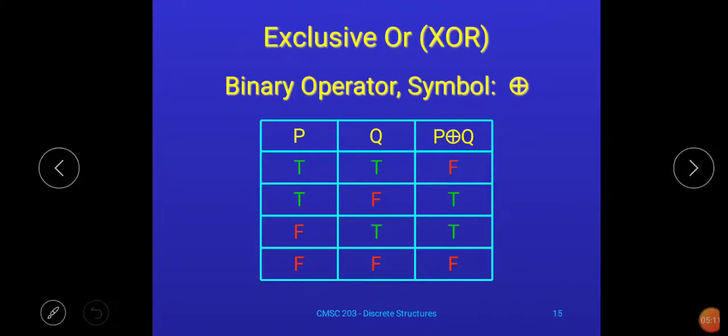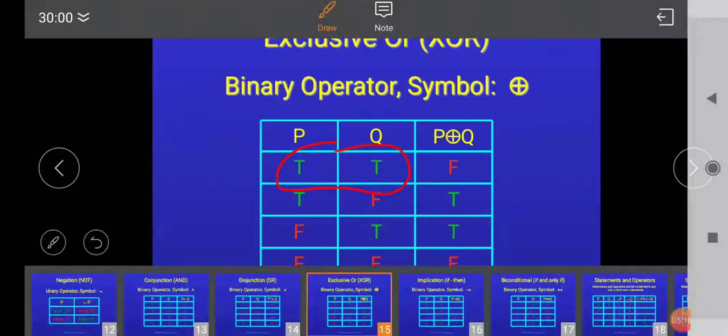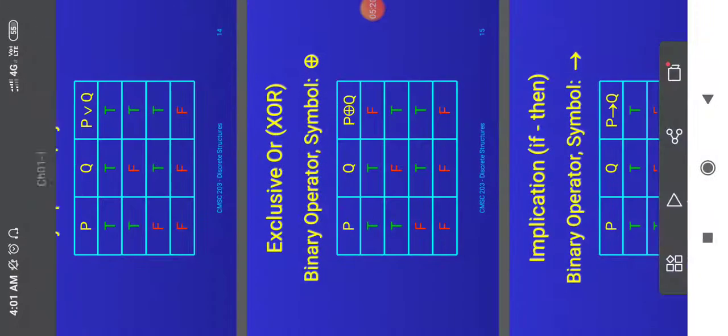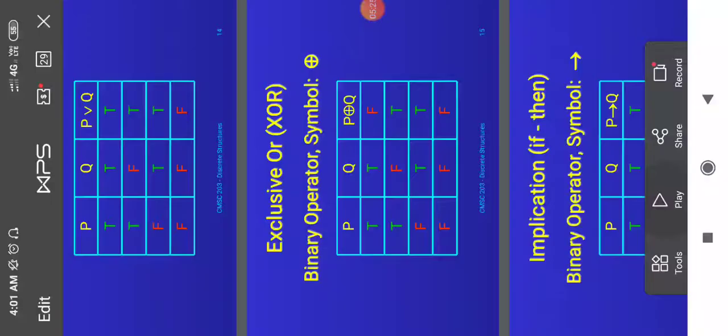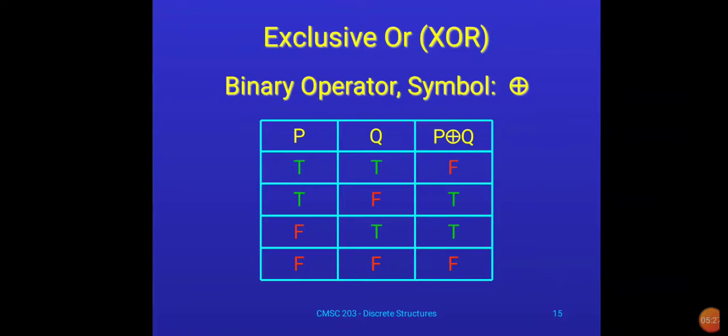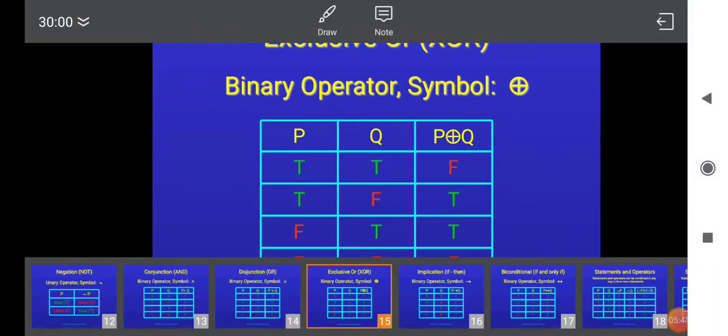And for XOR, if both are true or both are false, then output will be false. But if different values are there, then output will be true. So I hope you are getting the truth table of XOR as well.